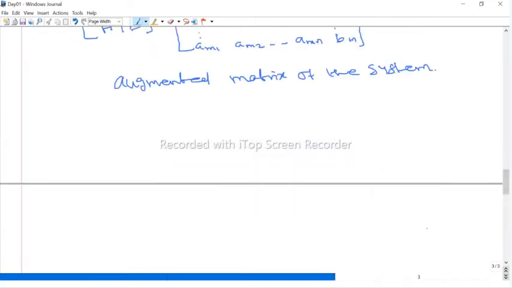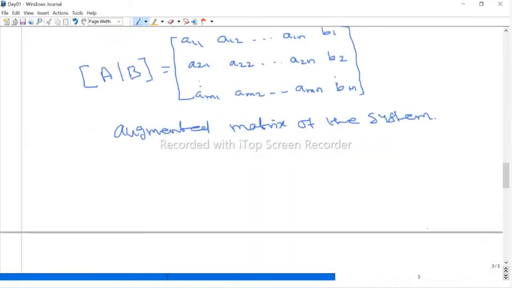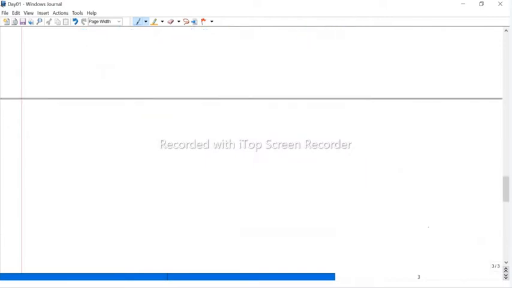Now, what do you mean by row operation? Elementary row operation means what? There are three kinds. What are the elementary row operations?